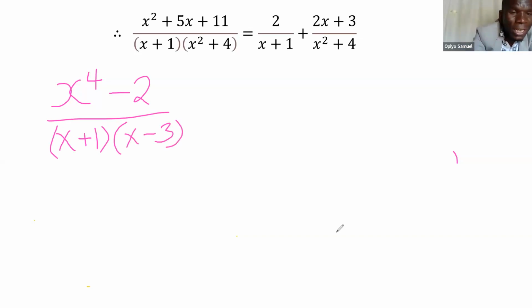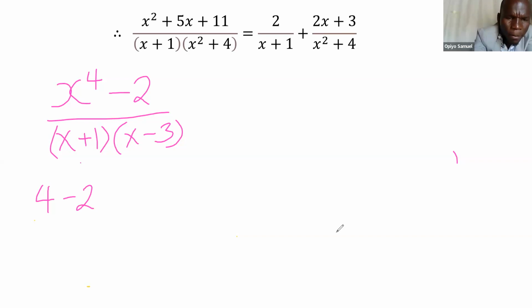First of all, the degree of the numerator is 4, and the degree of the denominator is 2, because when we open the brackets here, we are going to have x squared. So you get the difference between the degree of the numerator and the degree of the denominator. The degree of the numerator is 4, while this one is 2. So we have 4 minus 2.